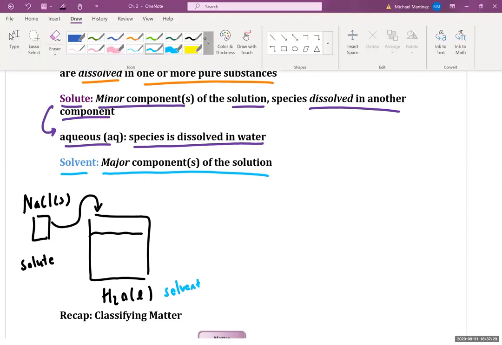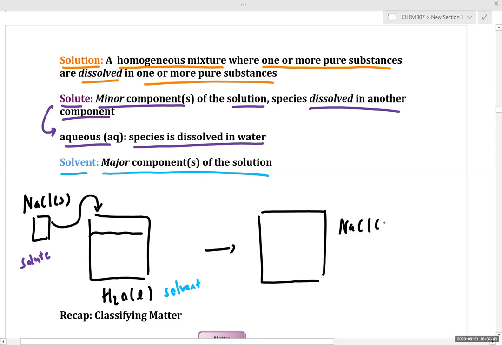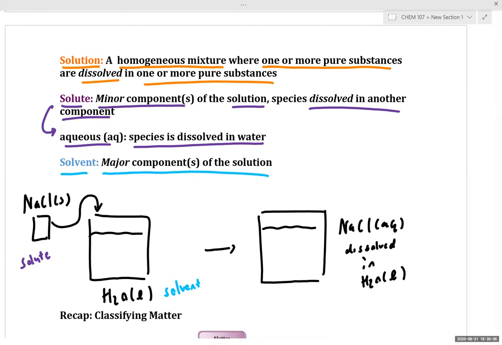We, in turn, will be able to generate a solution. So if we add sodium chloride to water, we get a solution of sodium chloride aqueous dissolved in water. So sodium chloride will be our solute and water will be our solvent.